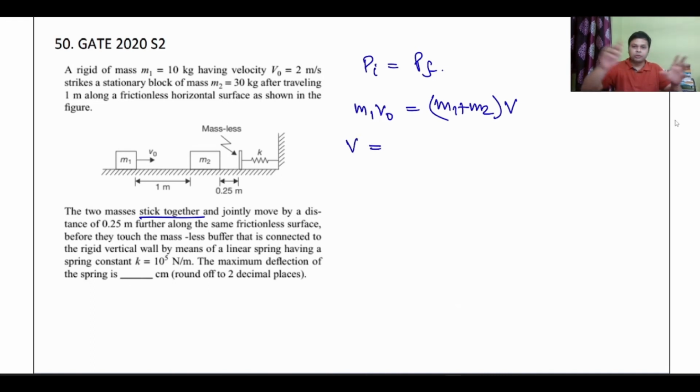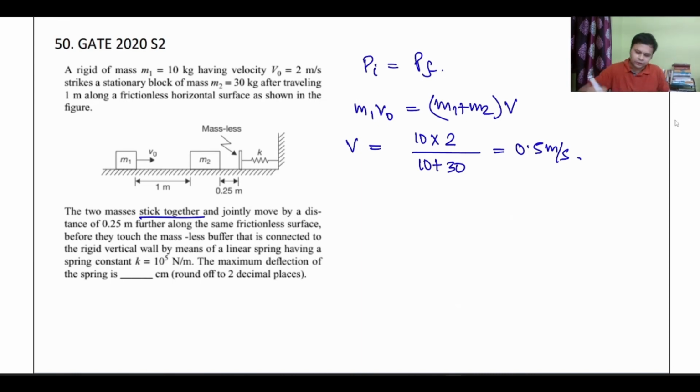So this first equation is the equation of momentum. M1 is 10, V naught, the initial velocity, is 2 meter per second, divided by M1 plus M2, that means 10 plus 30. So the value of V comes out to be 20 divided by 40, that is equal to 0.5 meter per second. So the combined velocity of M1 and M2 after the collision is 0.5 meter per second.